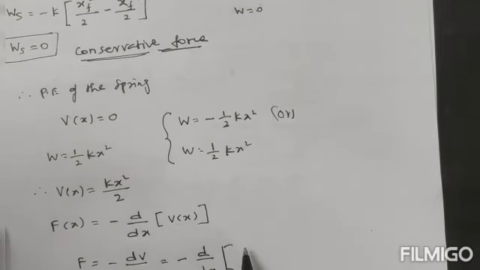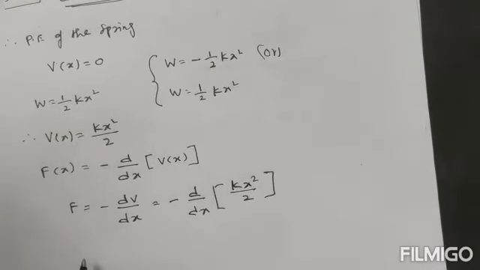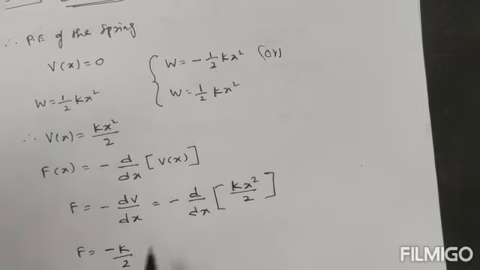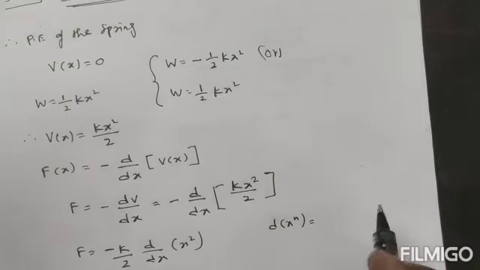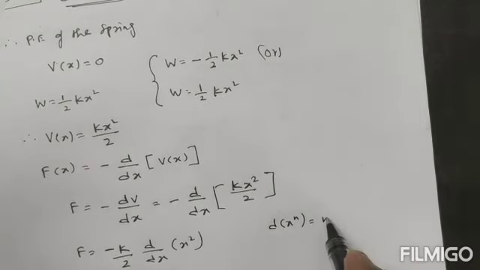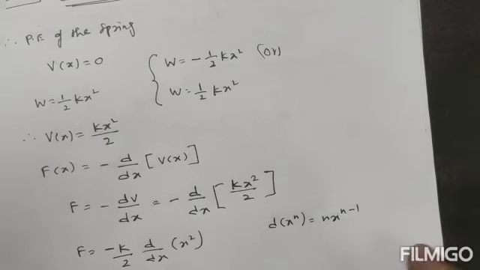The V value is kx squared divided by 2. Therefore f is equal to minus, k is a constant, and divided by 2 is also a constant, so the remaining term is d by dx of x squared. You know the differentiation formula very well: differentiation of x power n is n into x power n minus 1.